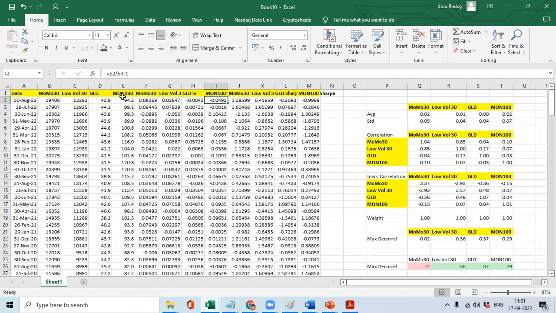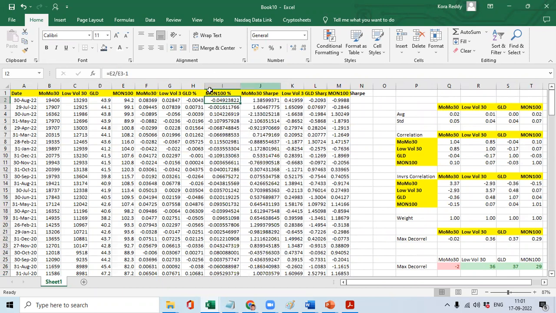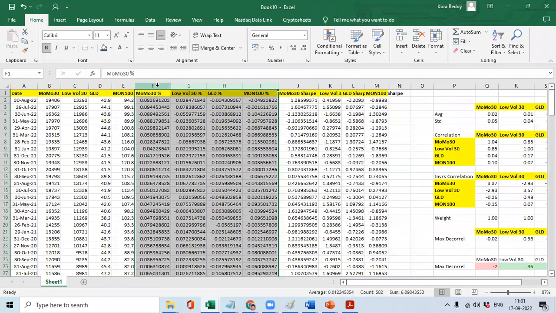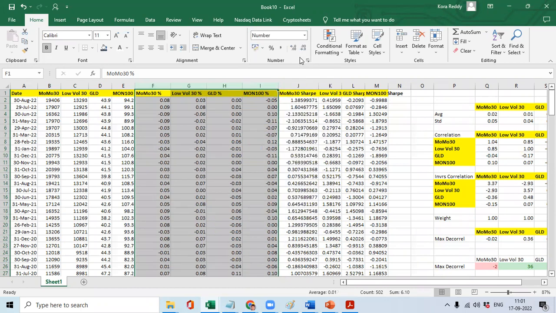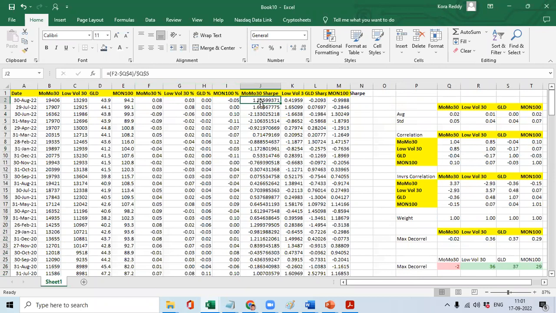Then this is your returns column. First step. And then the second step is you calculate the Sharpe ratio.